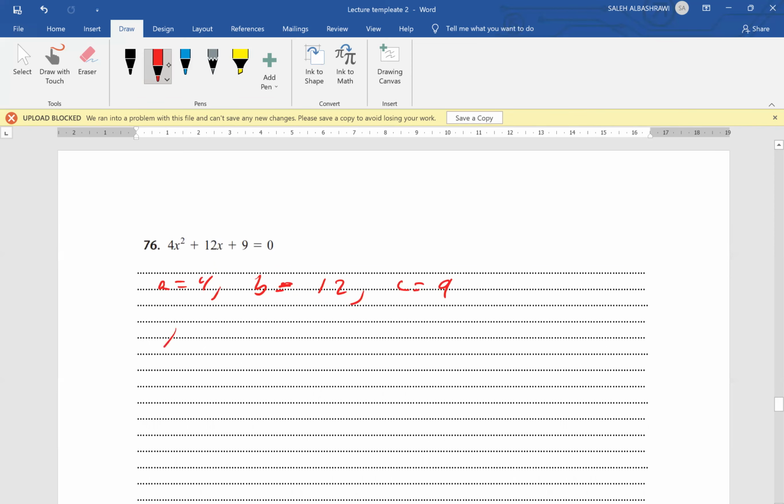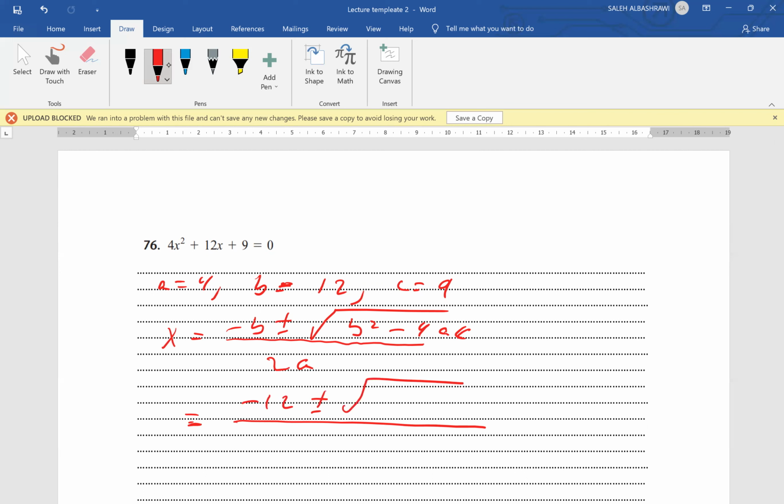So the quadratic formula: x equals minus b plus or minus the square root of b squared minus 4ac, divided by 2a, is equal to minus 12 plus or minus the square root of 12 squared minus 4 times 4 times 9, divided by 2 times 4.